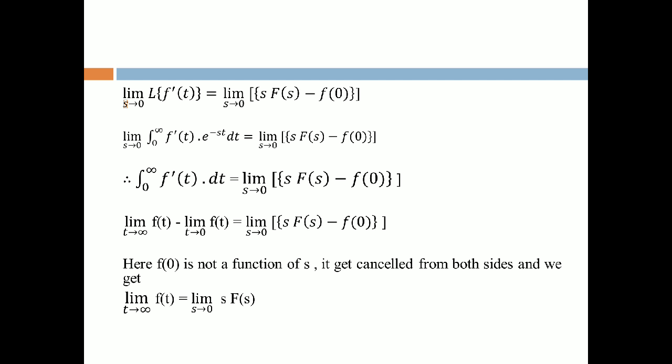Here f(0) is not a function of s, so it gets cancelled from both sides. So if we cancel f(0) from both sides, we get limit t tends to infinity f(t) is equal to limit s tends to 0 of s times F(s), which is the required final value theorem.